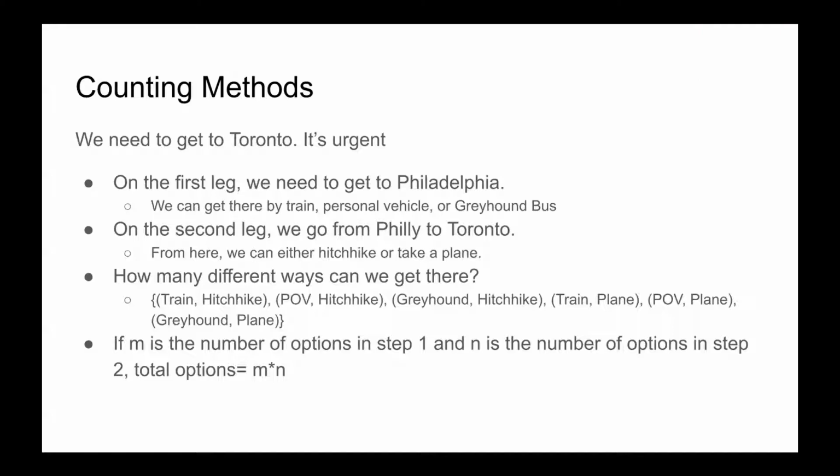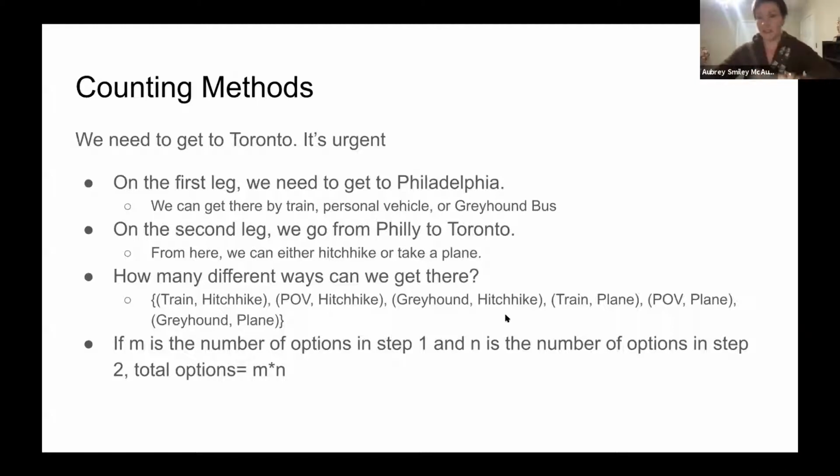They're all independent activities. So let's think independently. I want the probability of me taking train and hitchhiking, personal vehicle, and then taking the plane. So you should be seeing little ands in your speech as you talk about this. All right, so that's counting methods basics.